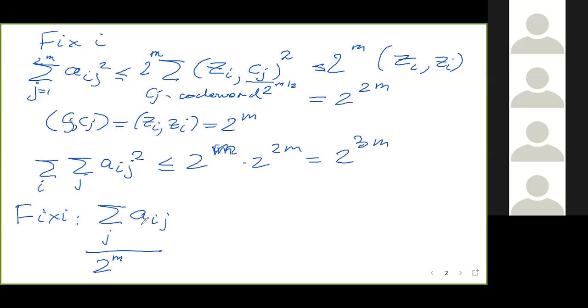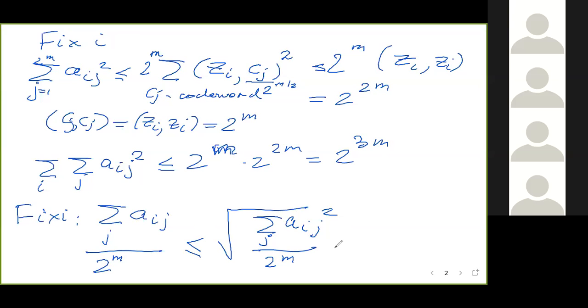So this is the arithmetic mean of all a_ij's when i is fixed, and the quadratic mean is the square root of the sum of all a_ij squared over again 2 to the m. So this is at most 2 to the m, as we have seen.